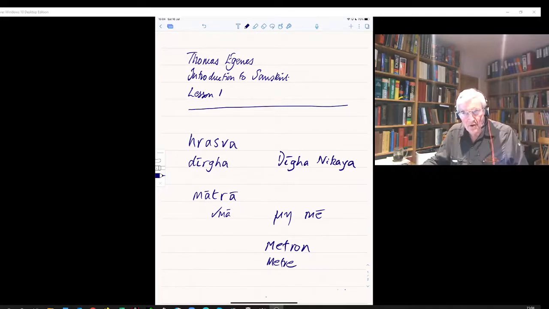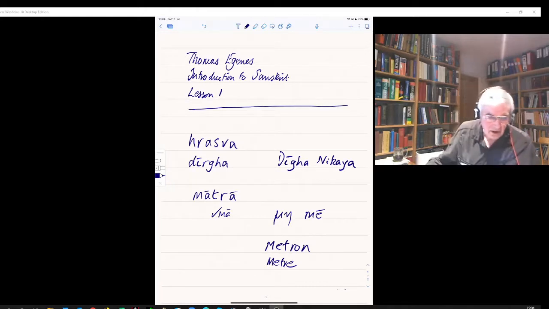So our modern word meter is directly related to the old Sanskrit matra, and they both mean a measure, from this root ma, in Greek me, meaning to measure.